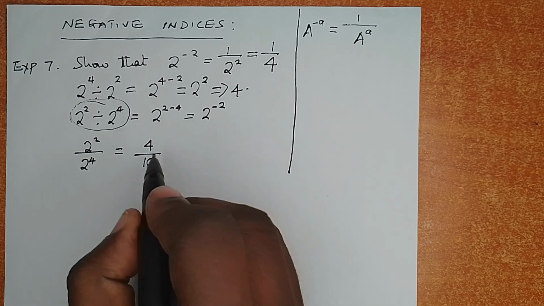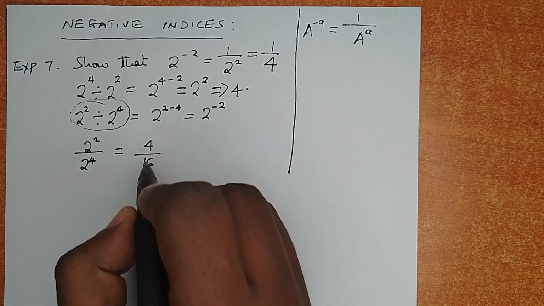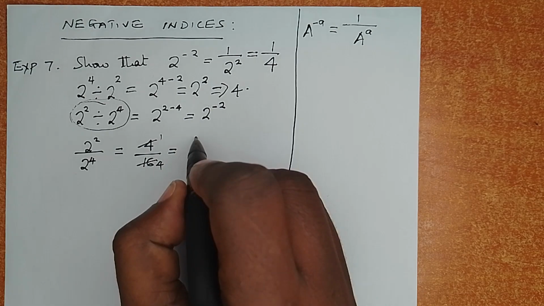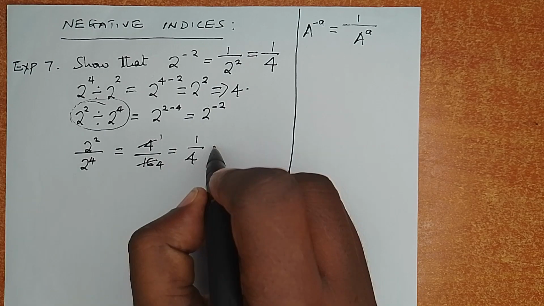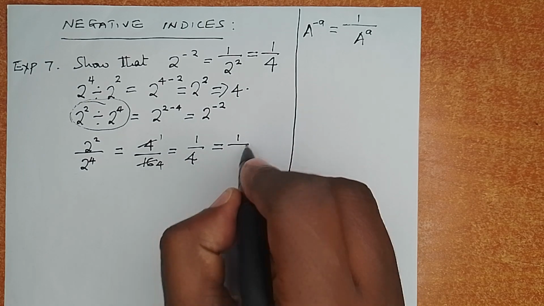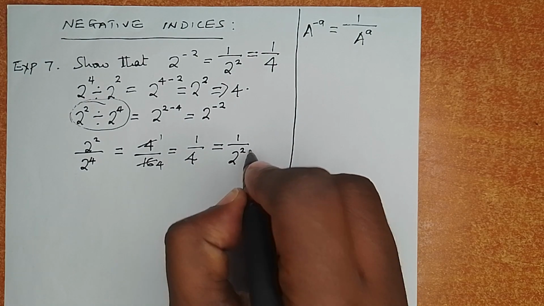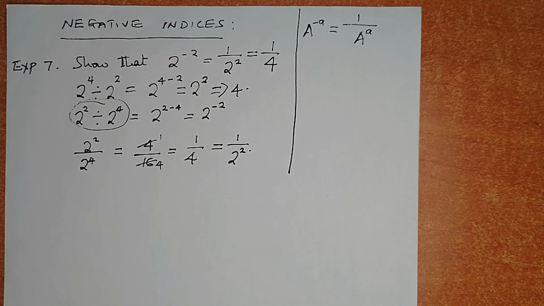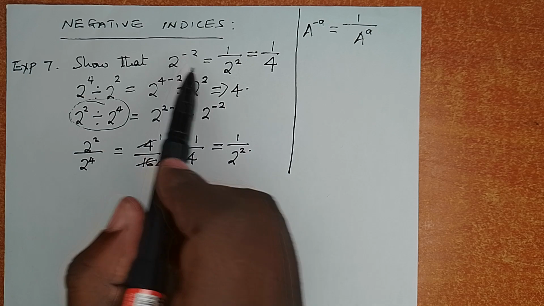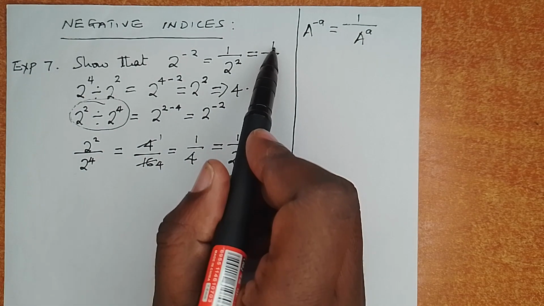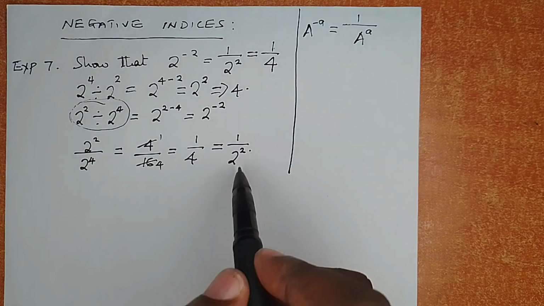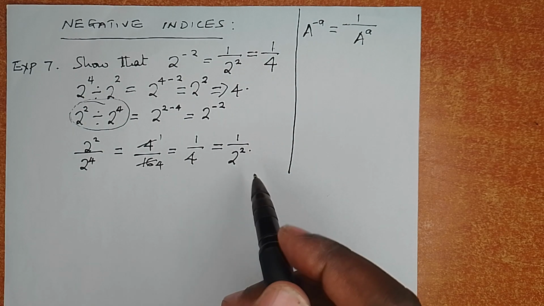And we can already see that 4 over 16, dividing by 4, is 1 over 4, which can also be written as 1 over 2 raised to power 2. And that is how we can show that 2 raised to power negative 2 can be written in terms of 1 over 4. This is 2 raised to power negative 2, which is 1 over 4.